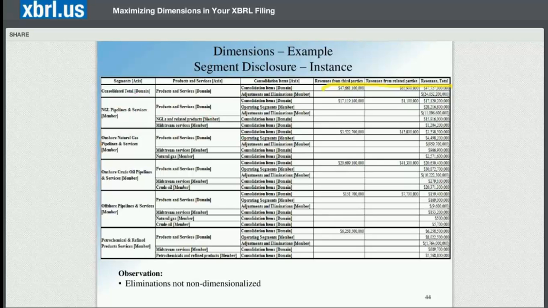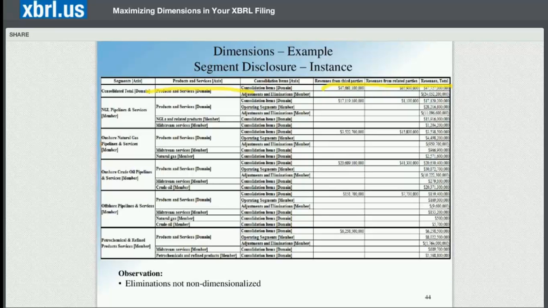Because remember, any given dimension in any given table can have multiple defaulted values, but any one line item in a given table can only have a single non-dimensionally qualified fact, which is where all of your domains come together. And that's why you see this layout just the way that you're seeing it.